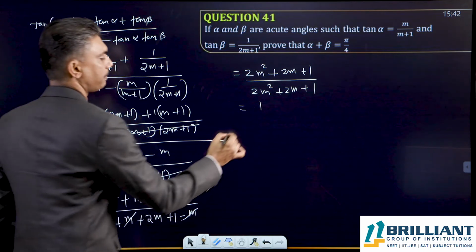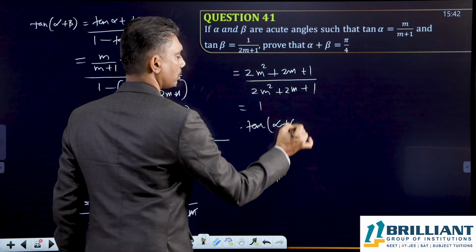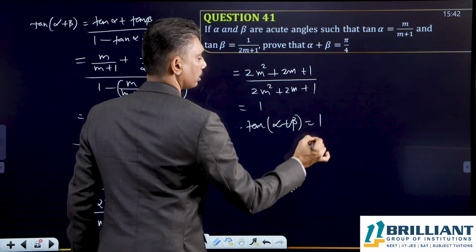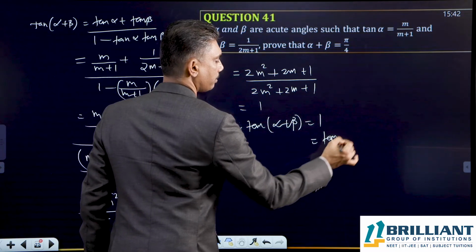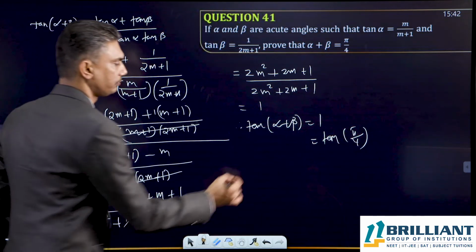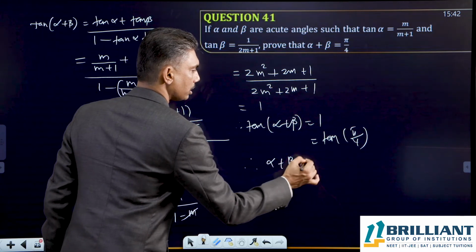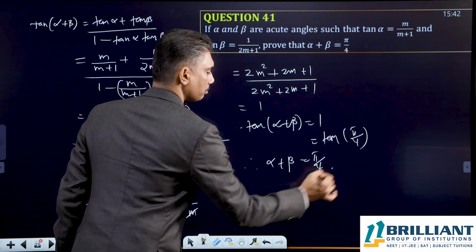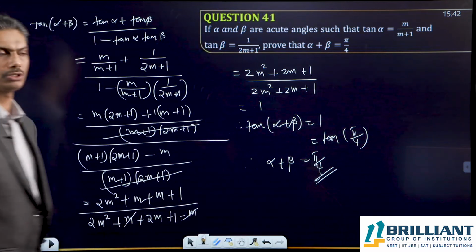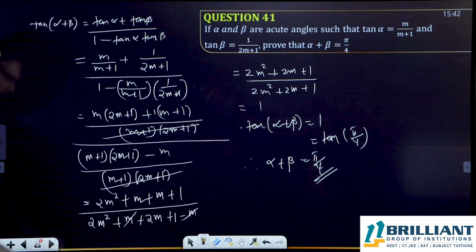Therefore, tan alpha plus beta equal to 1. That is equal to tan pi by 4. Tan pi by 4 only 1. Therefore, alpha plus beta equal to pi by 4. That's all. Very simple. Tan A plus B formula. Go for the next.